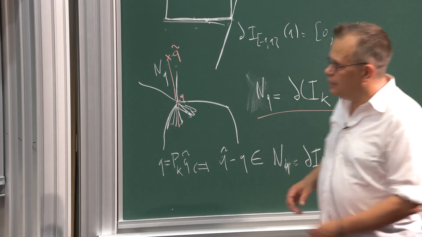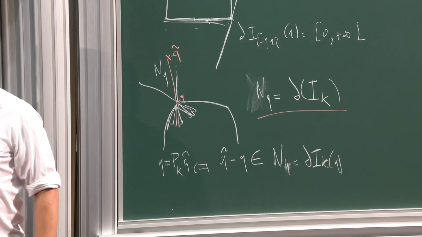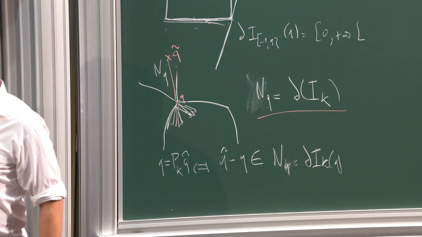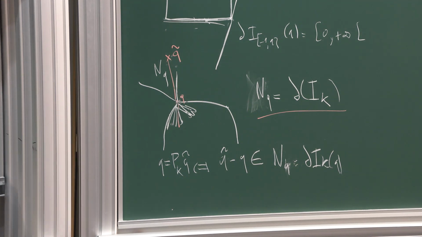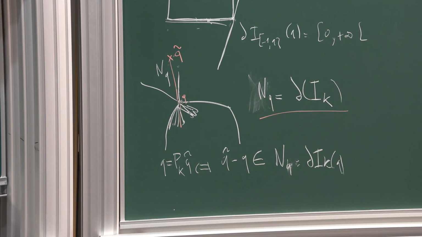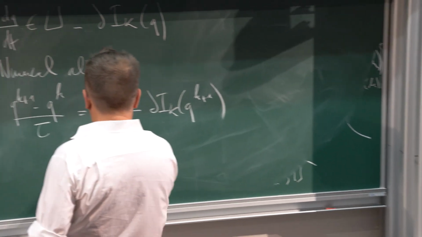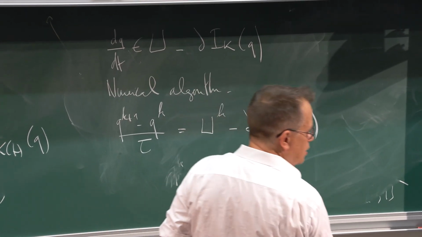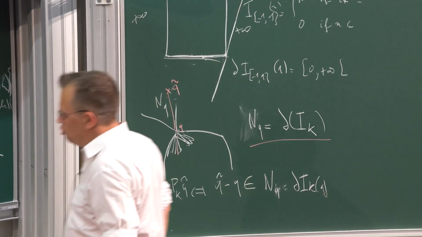So actually this characterizes the fact that q k plus 1, the projected point, is Q here.